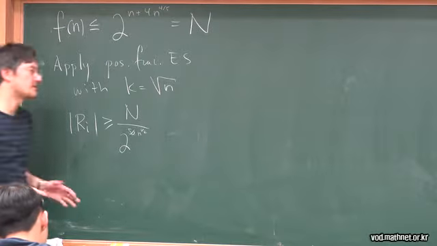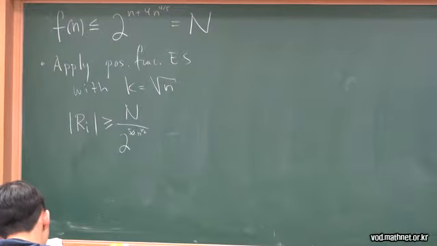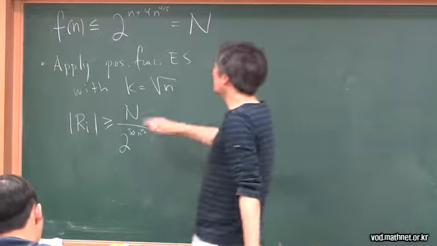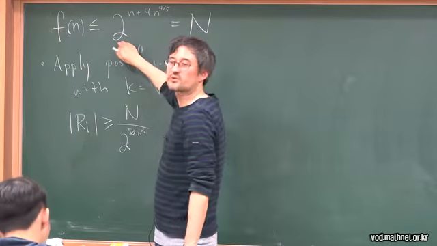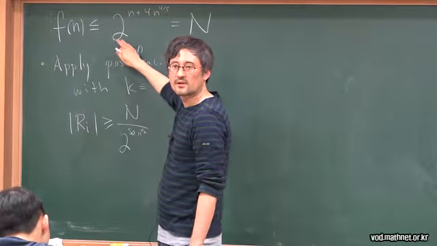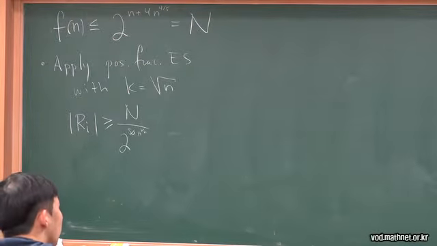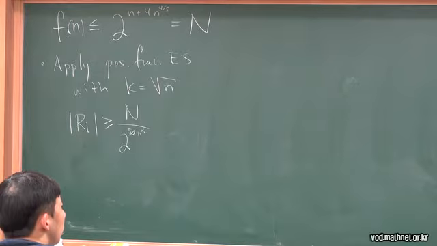But you can see how this is going to be very useful. Suppose I wanted to not be as ambitious as Andrew and get 2 to the n plus this little o of n, but I wanted to improve on the 4 to the n, so suppose I took 2.1 to the n. And then I apply this fractional version. I get a positive fraction of 2.1 to the n.